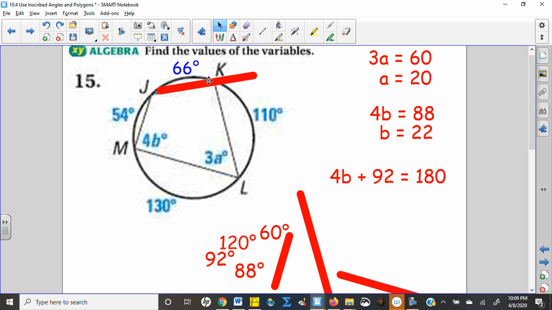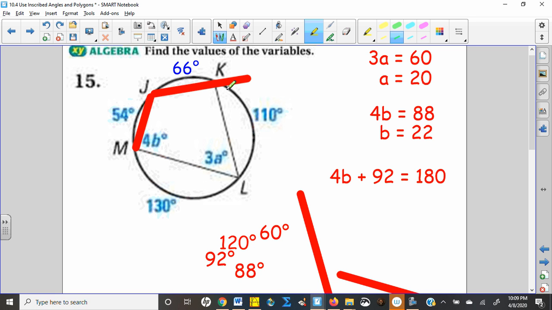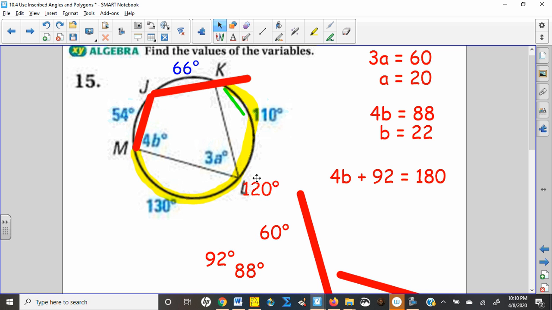So let's say that I had angle J here, which is this side and this side, right? This is angle J. Notice that the arc that it intercepts, I'm going to do a slightly larger arc here, is a combination of KL and LM, 240 degrees. What that means is that the inscribed angle is half of 240.